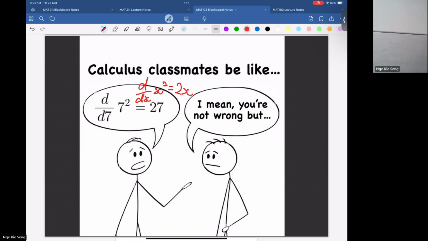Who knows? But for now, these are just constant numbers, so there's nothing to differentiate with respect to. You can treat this as a constant function, but what is the variable here? Is 7 a variable? No. 7 is not a variable.